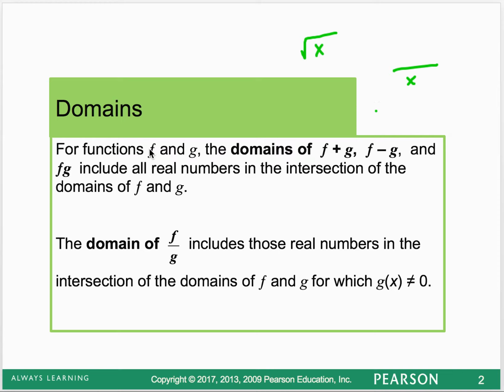To find the domains of all of those combined functions, we just find the intersection of their domains, wherever they overlap. In other words, the parts of the domain that are true for each of them individually will be the domain for each of those combined functions, with the exception of when we have a fraction, then we've got to make sure that we leave out the value that makes the denominator 0, just like we've already talked about.